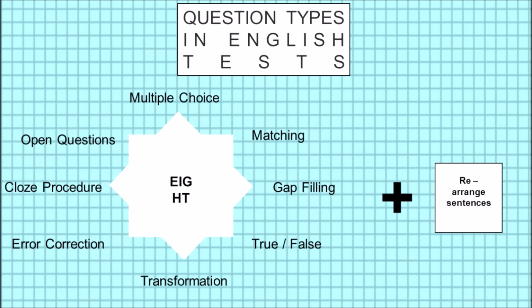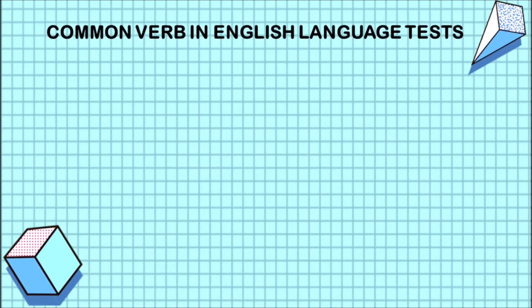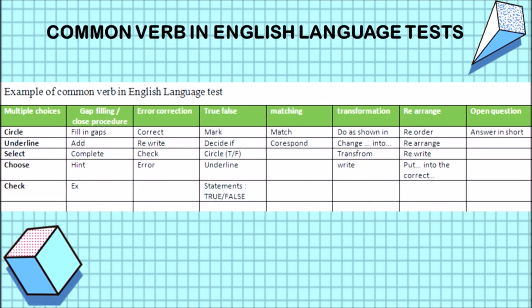Okay, let's go to the material. Before that, you have to know what the common verbs in English language tests are. This is an example of the common verbs in English that we use. In multiple choice, we have circle, underline, select, choose, and check.